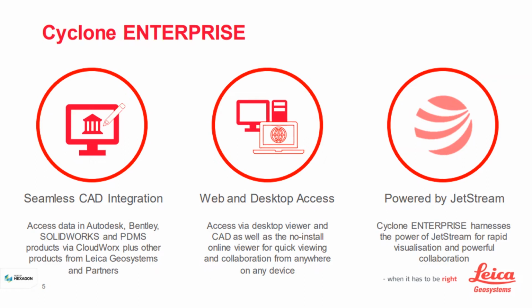Also having web versus desktop access, so not only being able to access it on your computer at work, but also out in the field, logging into the web and viewing the latest scan information. And again, Jetstream is not going away with Cyclone Enterprise. All of this is going to be powered by Jetstream. Cyclone is just consolidating everything into a more user-friendly tool, and more production management tools have been added as well.